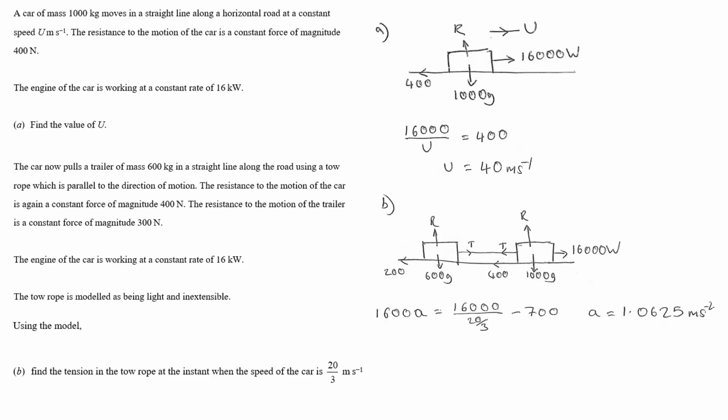Now that is the clue, the instant when the speed of the car is that much. So it's not constant speed, so there must be an acceleration. That's why I wrote 1,600, which is the mass times acceleration, is equal to the power divided by the velocity at that instant, and take away the combined resistive force. Well, that looks to me like 600.